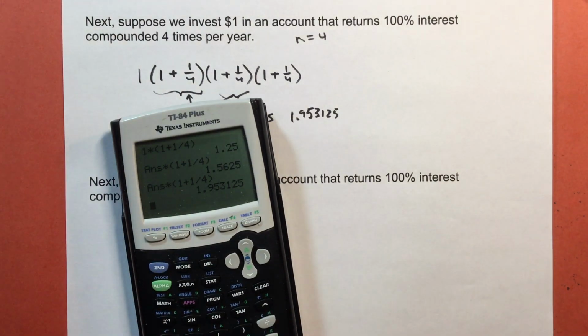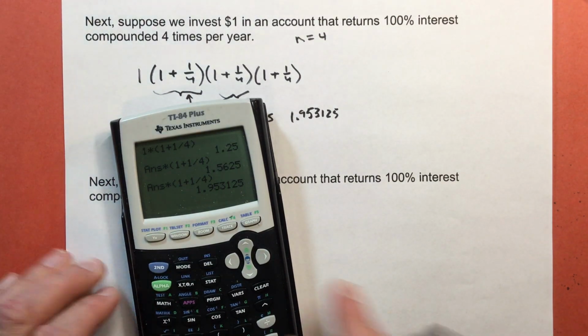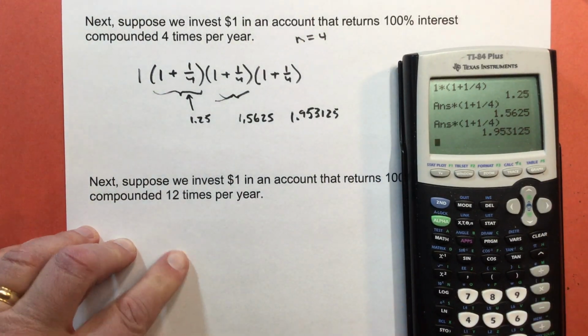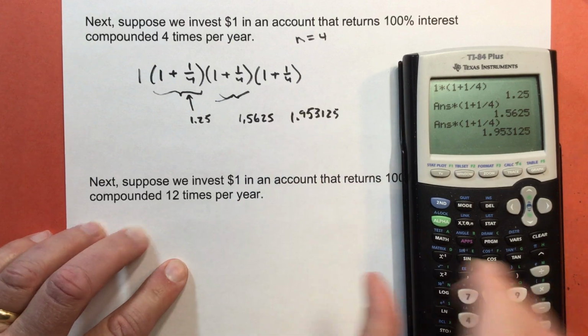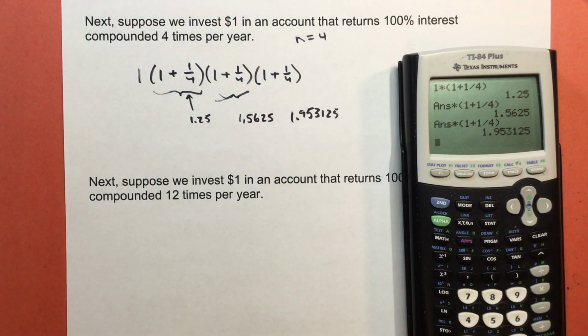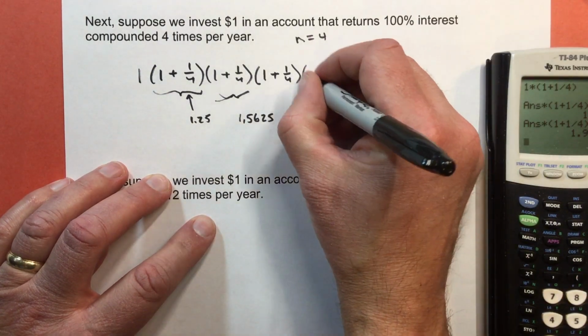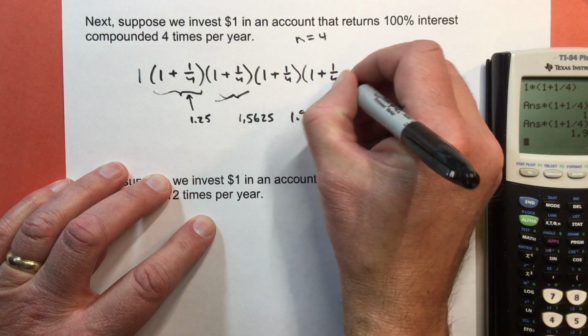Let me move this so you can see it a little bit. I'm worried about the screen showing up. There, that's a little bit better. Okay. We'll talk about rounding in just a second. I'm at 9 months. I'm going to go 3 more months all the way to the 12. So I'm going to do it one more time. 1 plus 1 over 4.